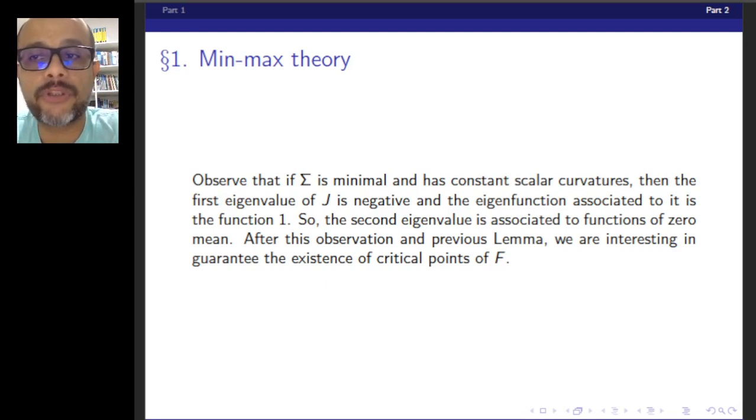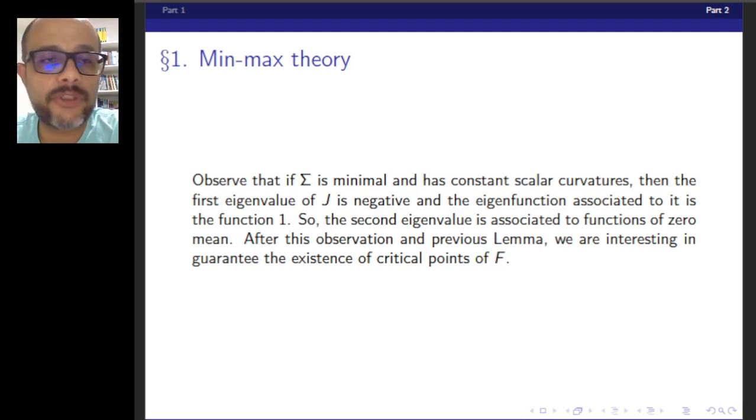Okay, and the eigenfunction associated to it is the constant function equal to 1, for example. So the second eigenvalue is associated to a function of 0 mean. Okay, so maybe the function G_A naught can help us with a function associated to the second eigenvalue. Okay.